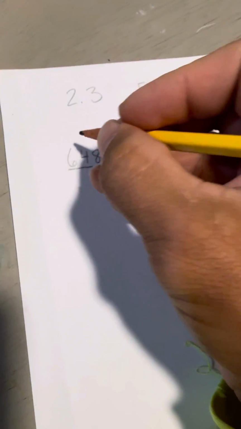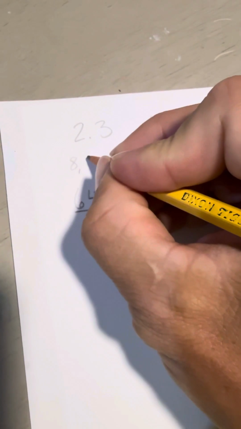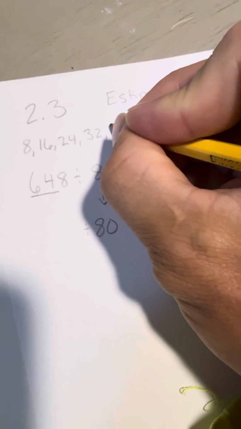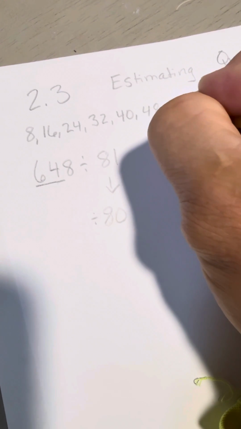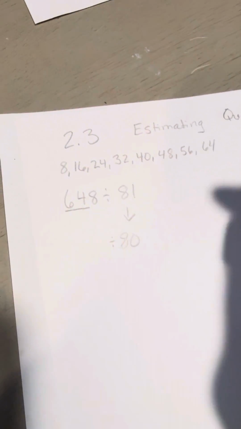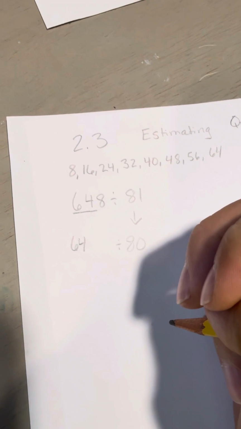But if not, you could always write down your multiples of 8: 8, 16, 24, 32, 40, 48, 56, 64. Oh, look at that. I landed exactly on the number that I underlined, so I don't need to change it. 64 is the closest multiple of 8.